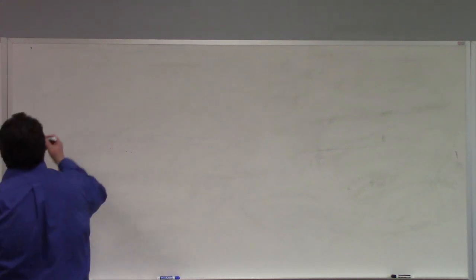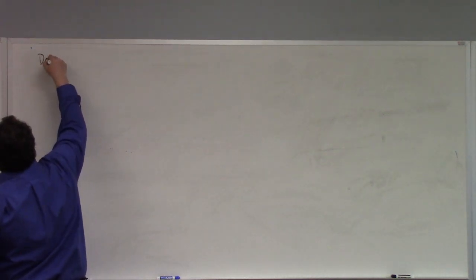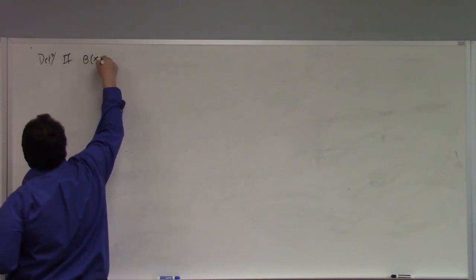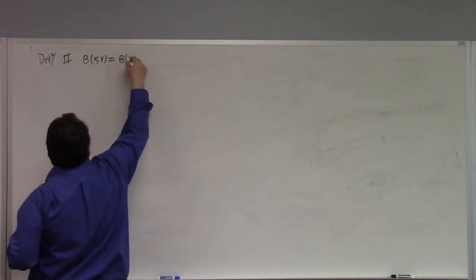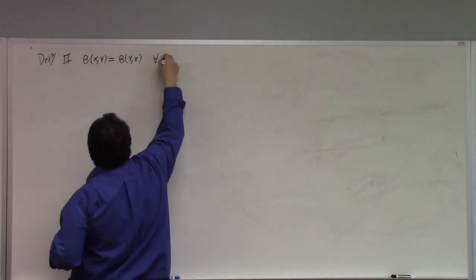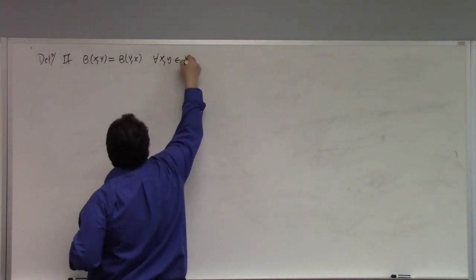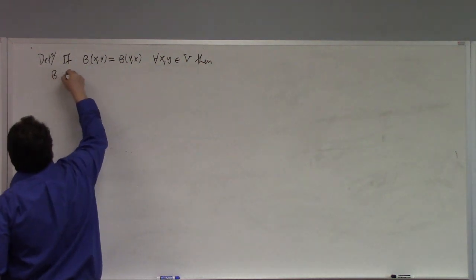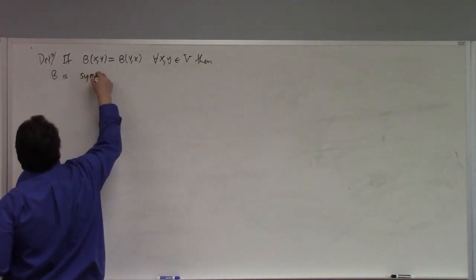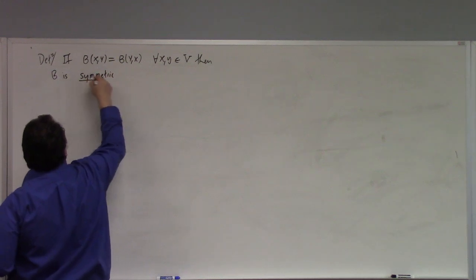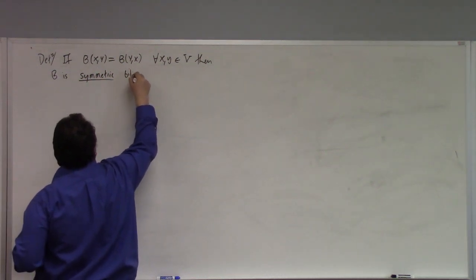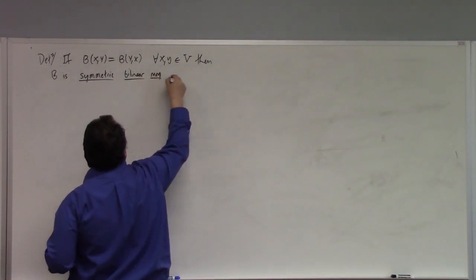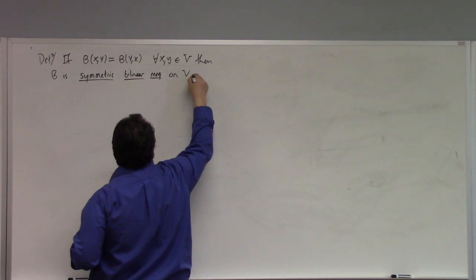No. So, definition: if B(x, y) is equal to B(y, x) for all x and y in V, then B is a symmetric bilinear mapping on V, right?